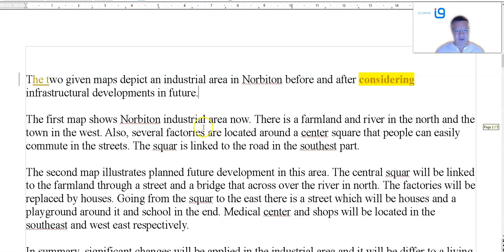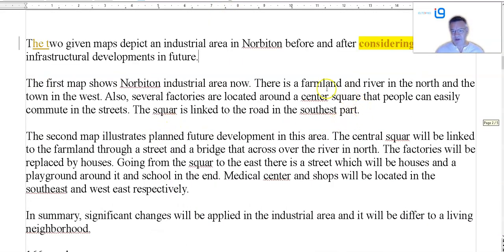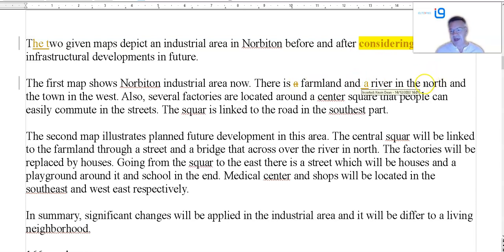Considering what? "Down is farmland and river." Well, there's simply farmland and a river. The river is countable. And don't forget, north, you can put a capital: in the North, the West. "The town on the west, social factors occur around the centre or central."